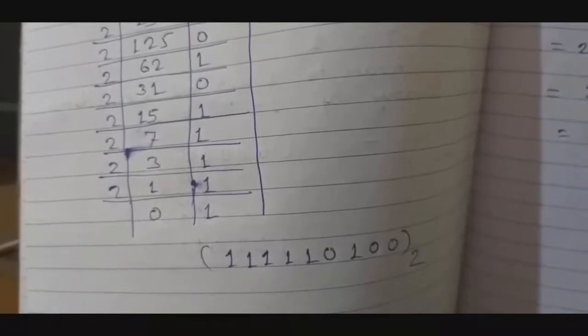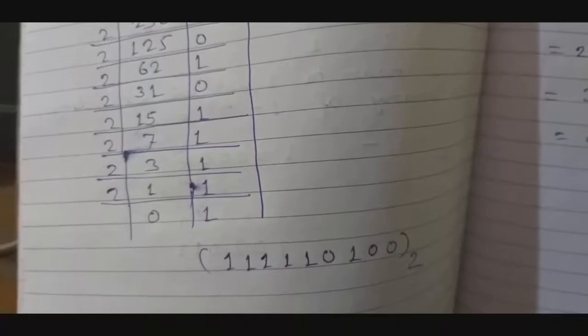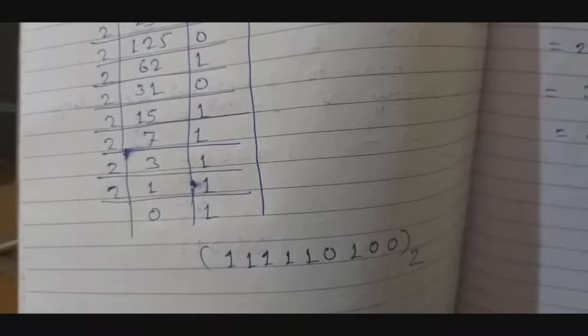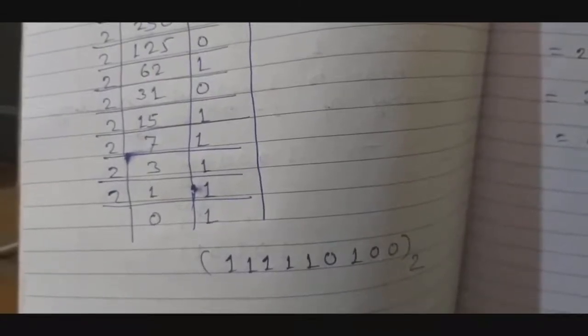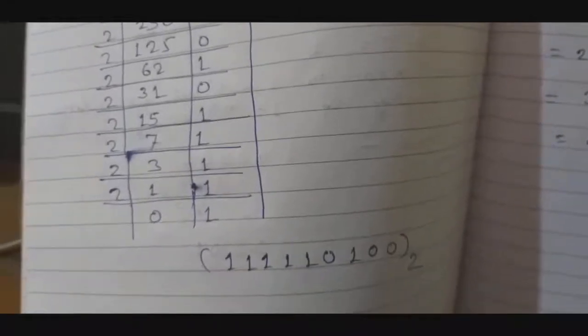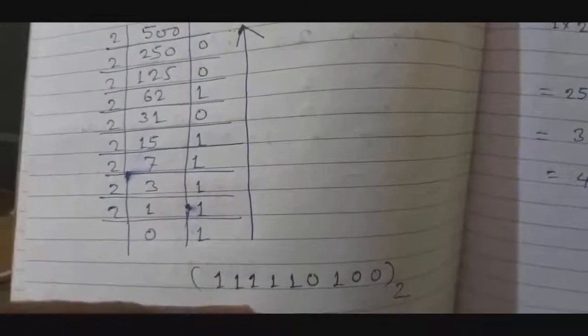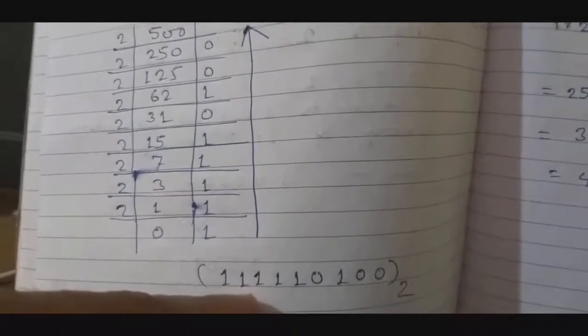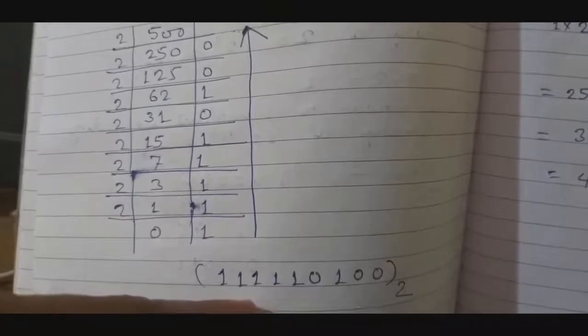Now we have to write all the remainders from bottom to top, that is 111110100. This number becomes the binary of 500.